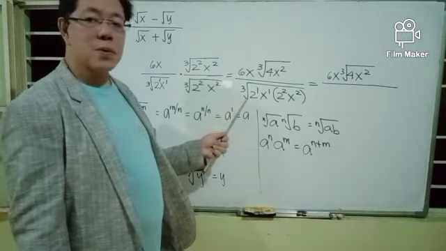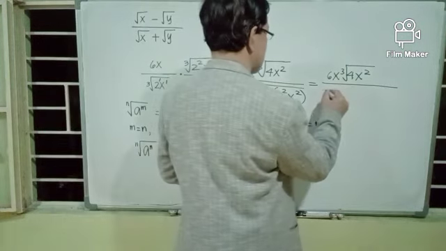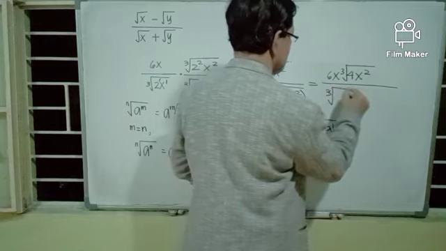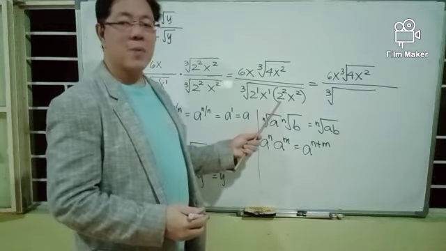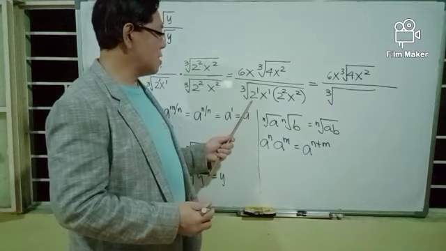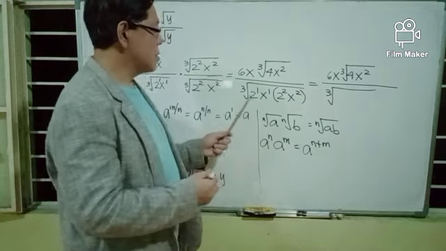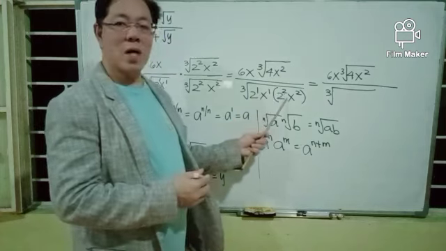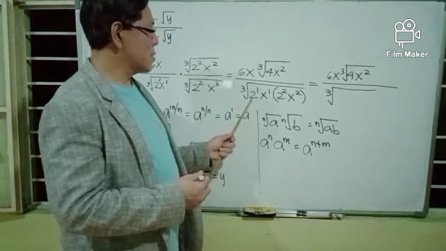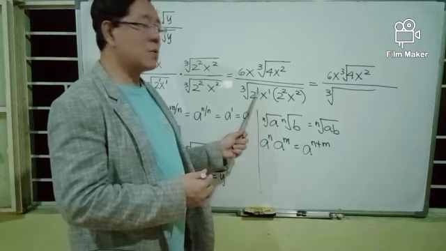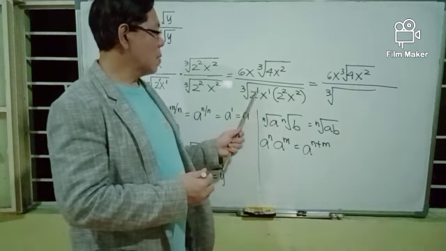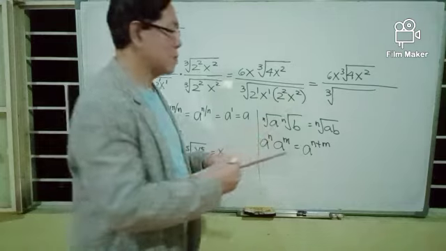We have the cube root of 2 raised to 1 multiplied by 2 squared. The common base is 2. So we add the exponents. 2 plus 1 is 3. Thus 2 raised to 1 multiplied by 2 squared is equal to 2 raised to the power 3, 1 plus 2.